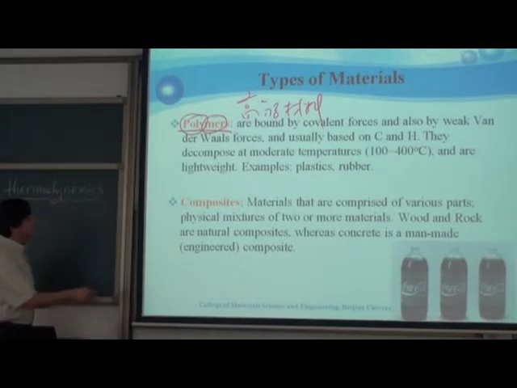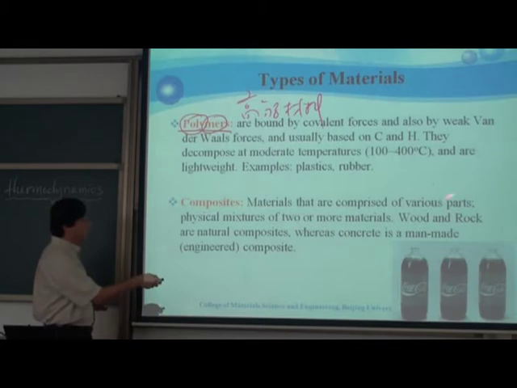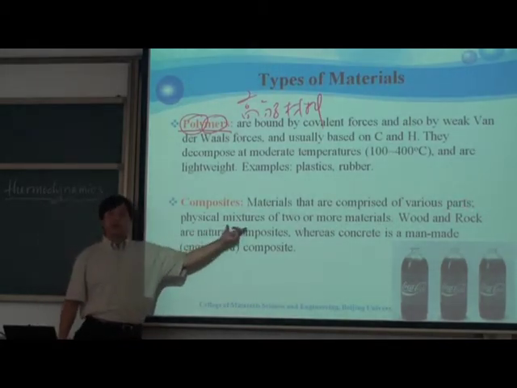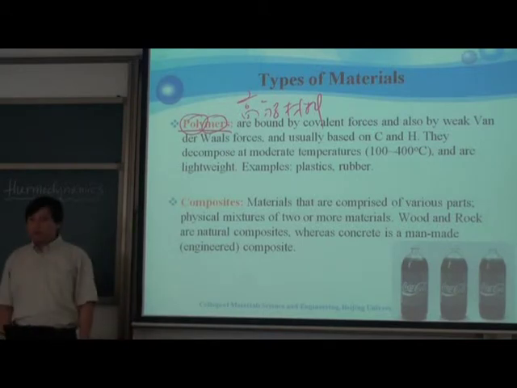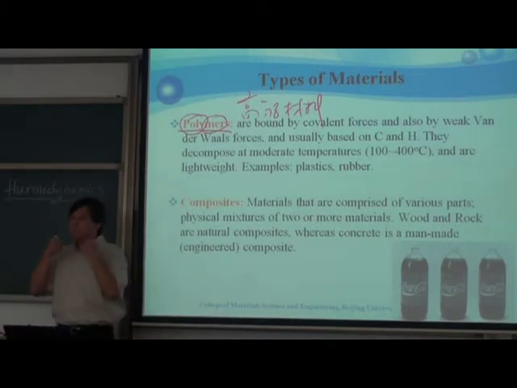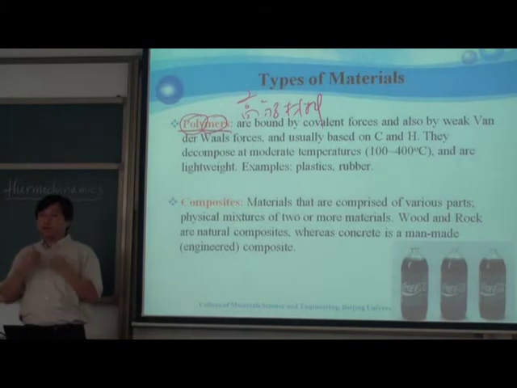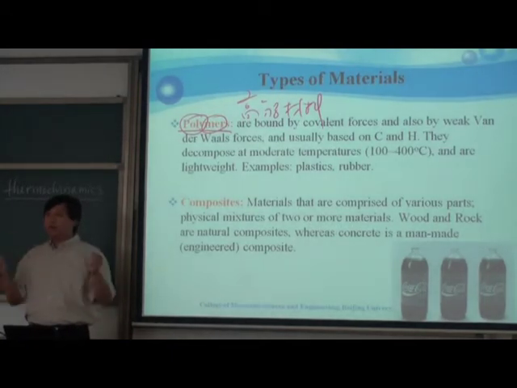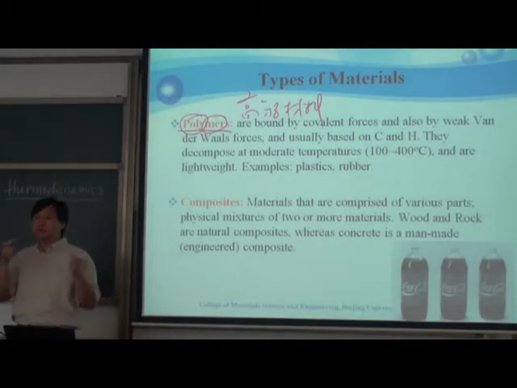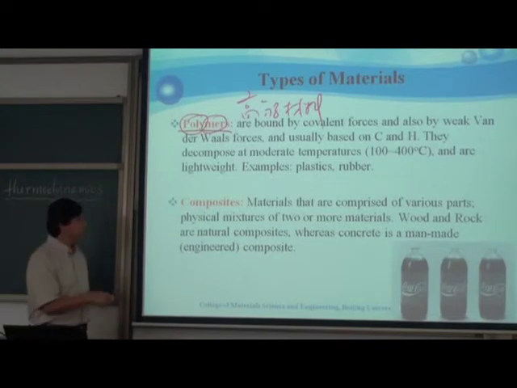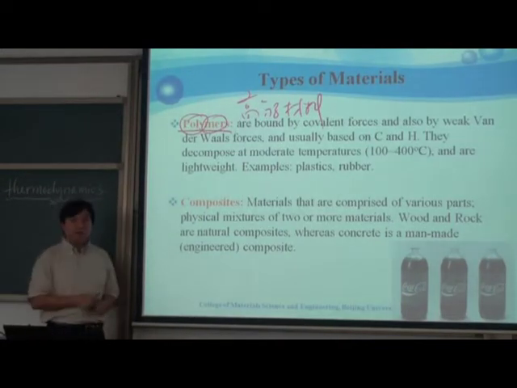Materials that are comprised of various parts, or physical mixture of 2 or more materials. If you try to mix 2 or more materials together, one material being the matrix and the other material being the reinforcement, then this material is kind of a composite material.